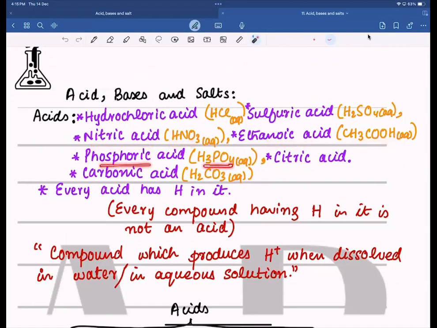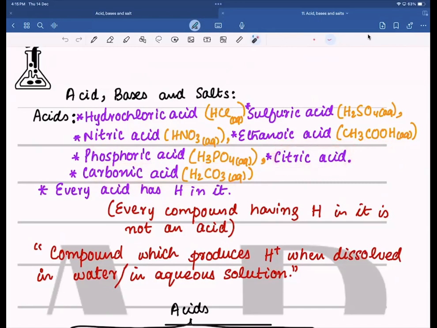Then phosphoric acid, H3PO4, and carbonic acid. Where is carbonic acid present? In all the soft drinks. All the soft drinks contain carbonic acid. And citric acid, where is it present? In fruits like lemon, oranges.